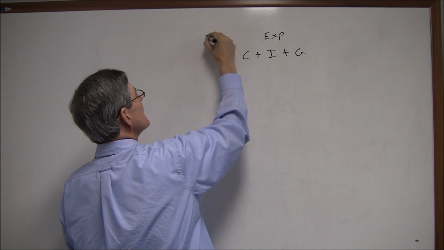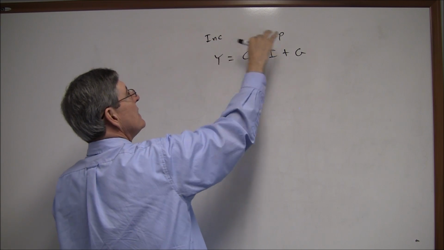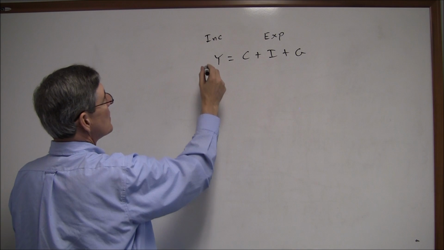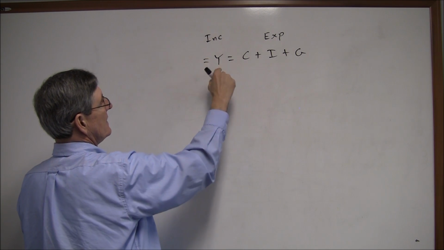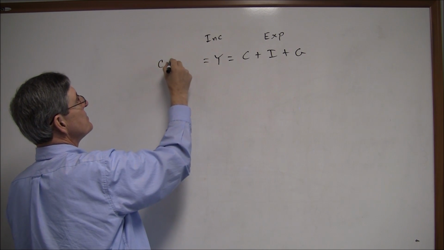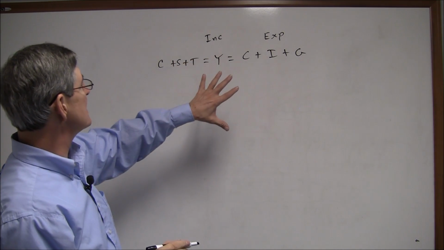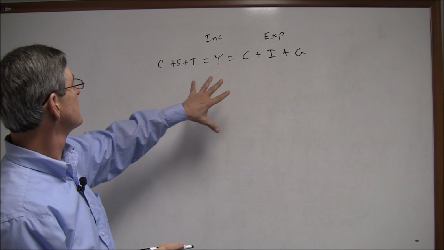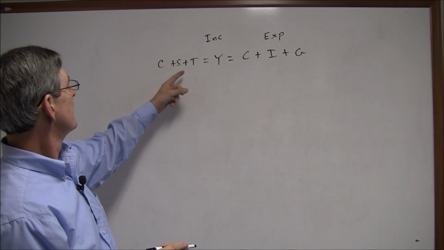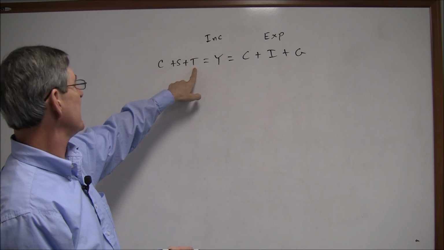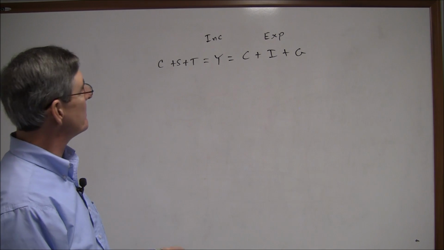This side is income. And so Y equals E is our equilibrium. But you can also write income as consumption plus savings plus taxes. That's all the uses of your income, right? They take taxes out of your paycheck, you take it home, you either consume it or save it.